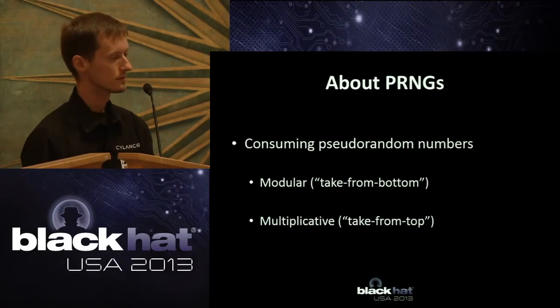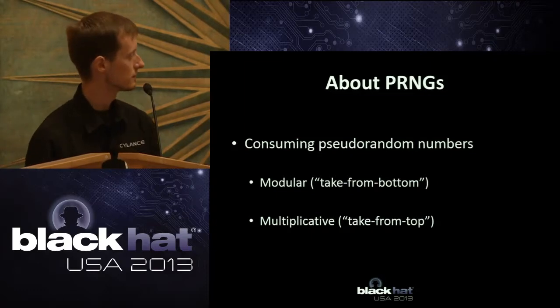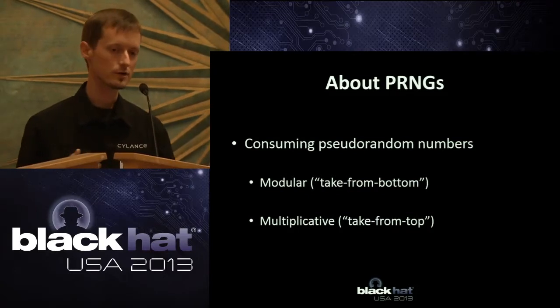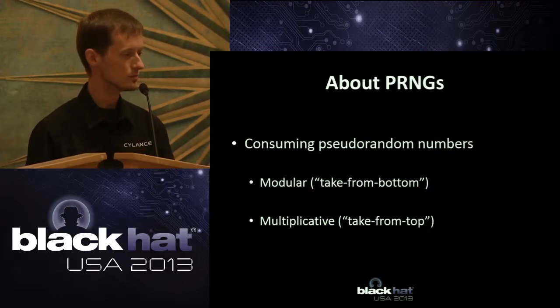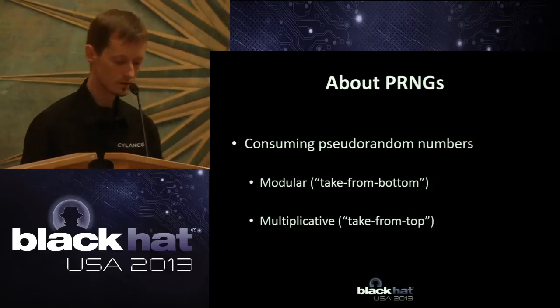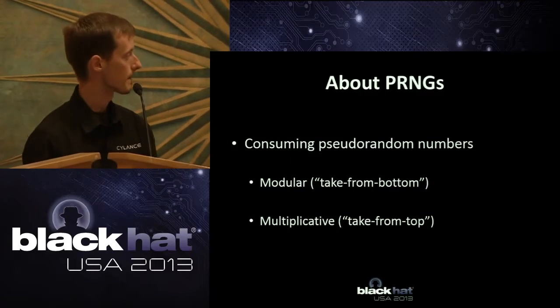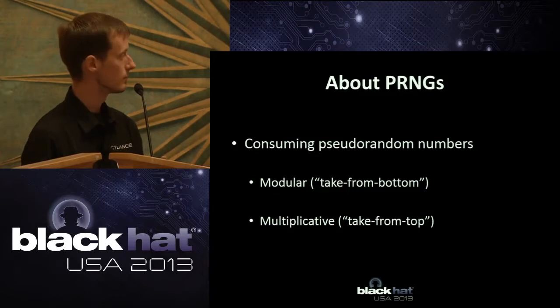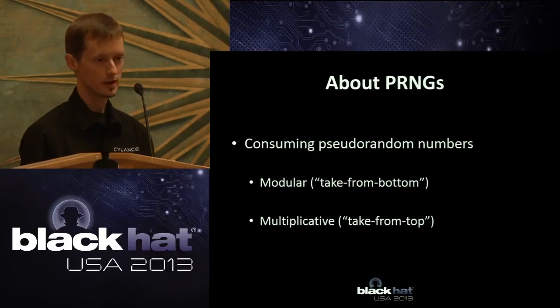Now that process of massaging, of processing a pseudorandom number into one of these output numbers, we're conceptualizing as happening in one of two modes, and this is a pretty accurate generalization. This typically happens in one of two ways. Either modular, in that the output number has the modulo operator applied to it.